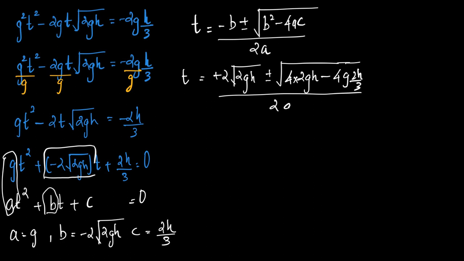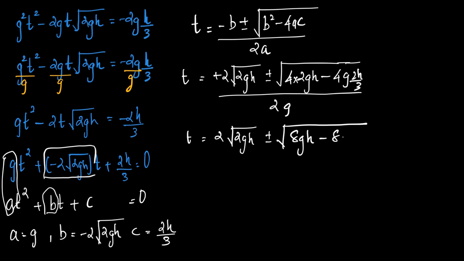A is g, so this is 2g. So t is equal to 2 into root of 2gh plus or minus root of 8gh minus 8gh by 3, the whole upon 2g, right?